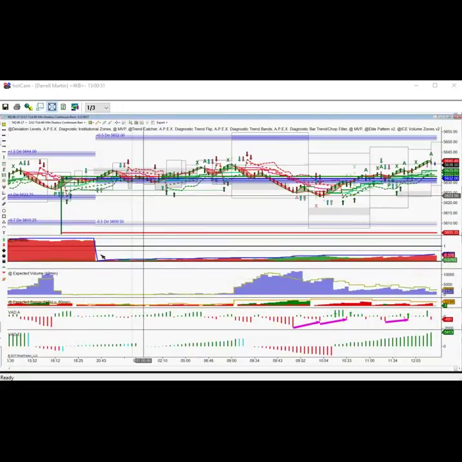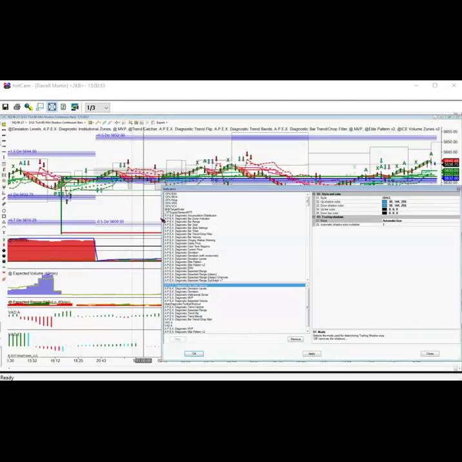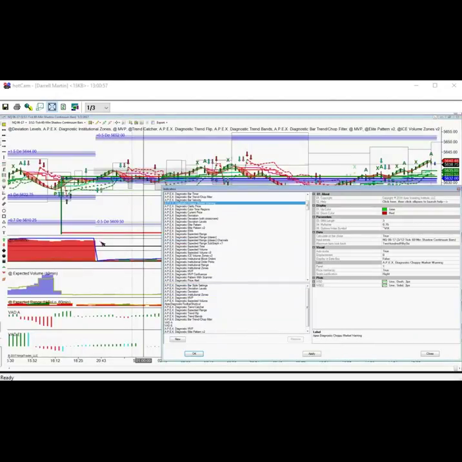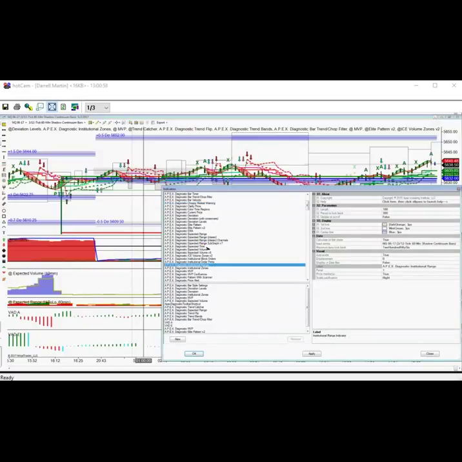Let's see here. Institutional ranges question. This was, by the way, a Lori developed indicator.